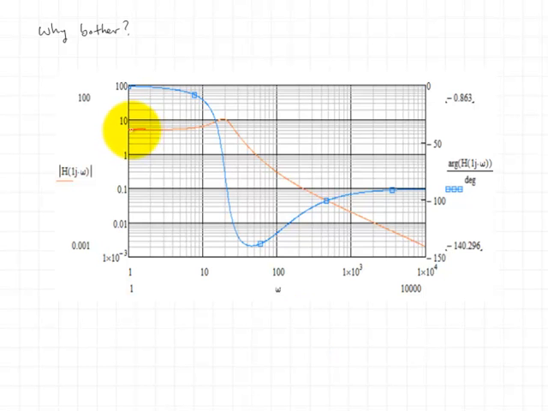I'm now going to draw the asymptotic straight lines that correspond to this magnitude and phase versus frequency plot. The technique that we're going to develop, the Bode technique, will teach us how to produce these straight line approximations from which we can produce a pretty good estimate of the exact plots.